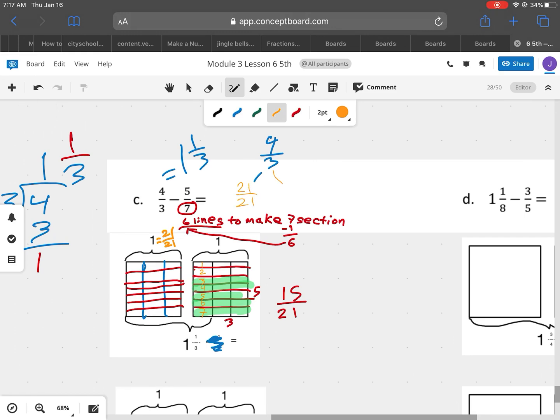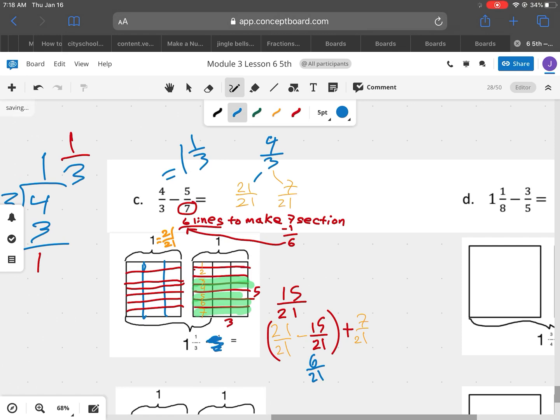And then over here, we have our 7 21s. Okay, so now we're going to take our 21 21s, minus our 15 21s, and then add our 7 21s. All right, so that's 6 21s here.